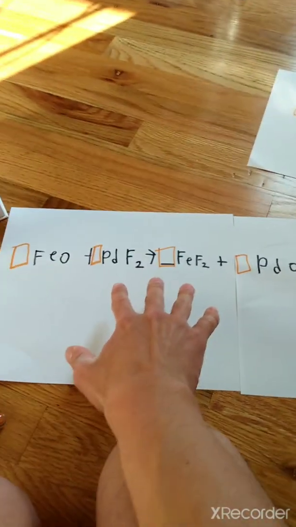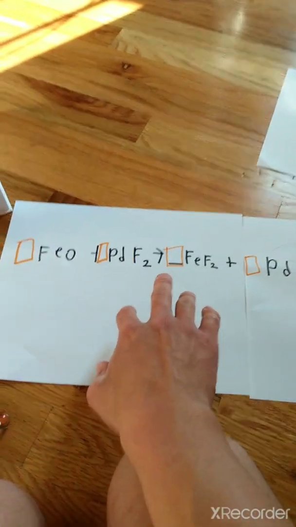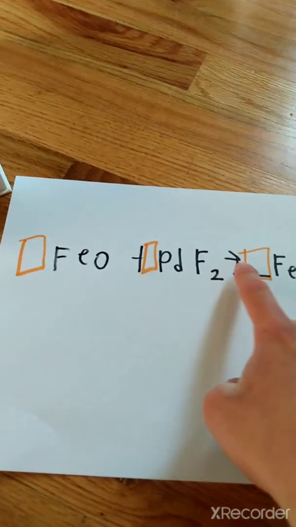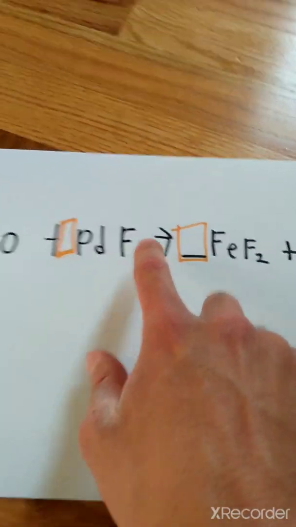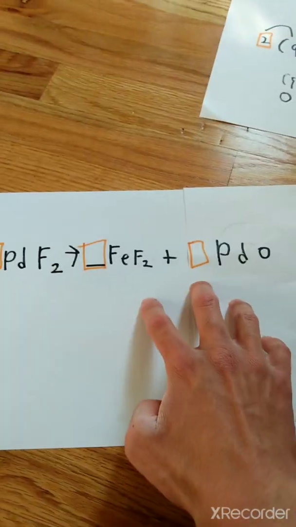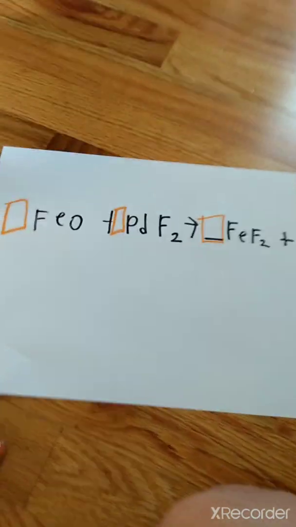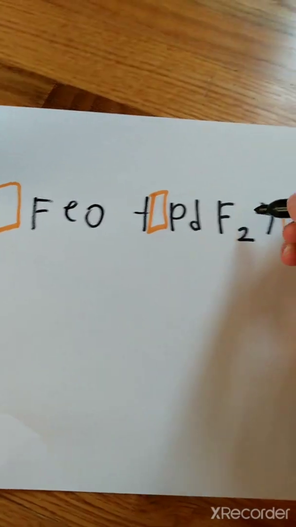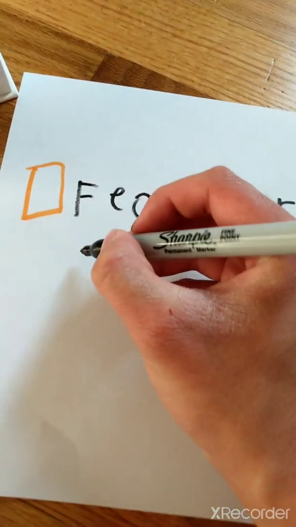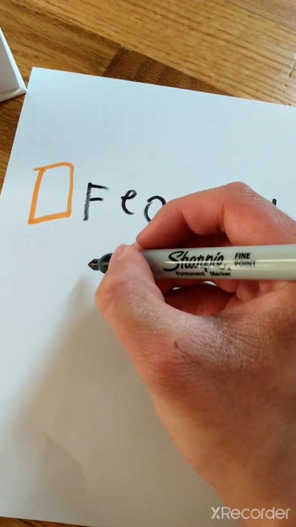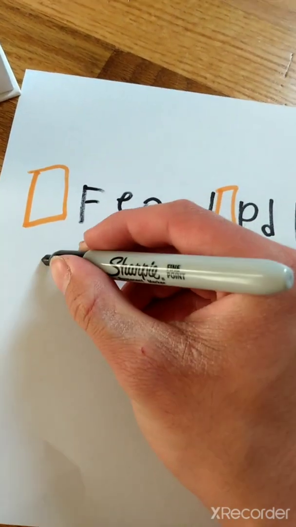Here is another example. We're going to try and balance this equation right here. The arrow is telling us what this is going to become. So, let's start counting atoms. On this side, until the arrow, we have Fe, that is iron. Fe is just 1.